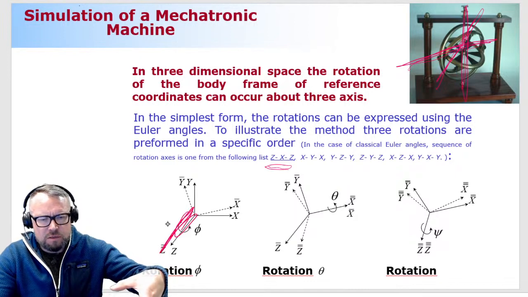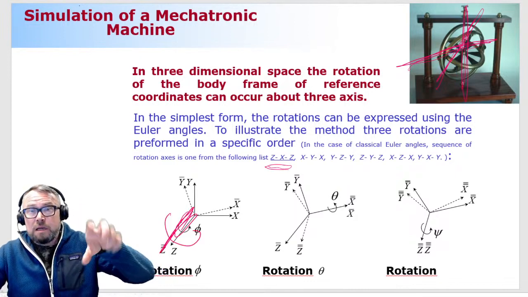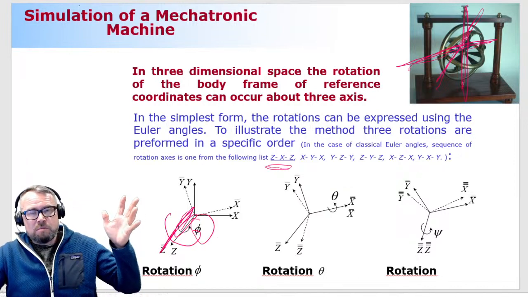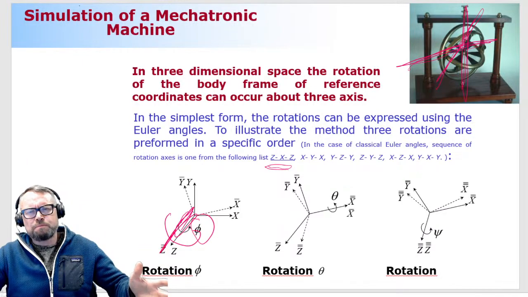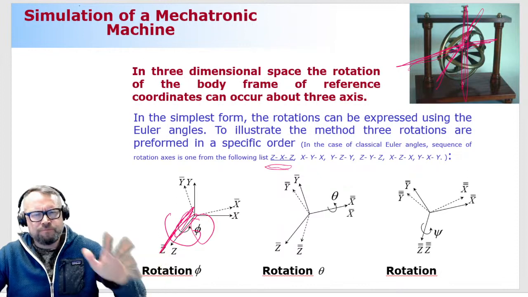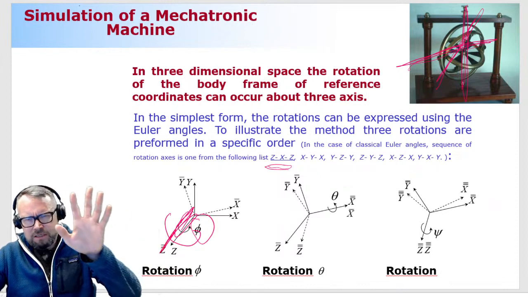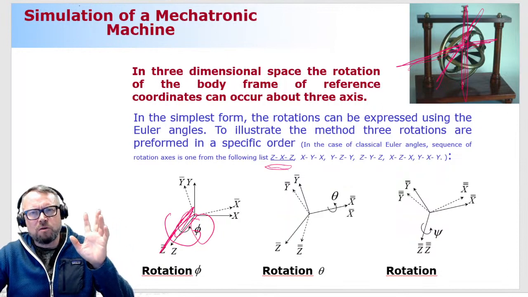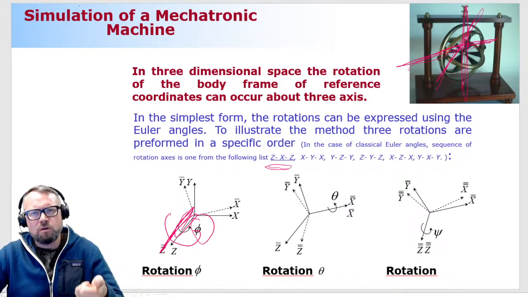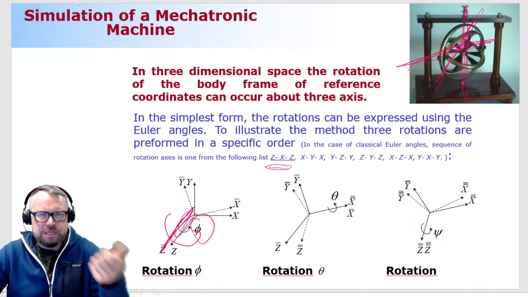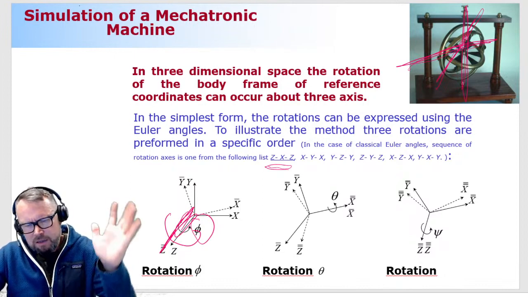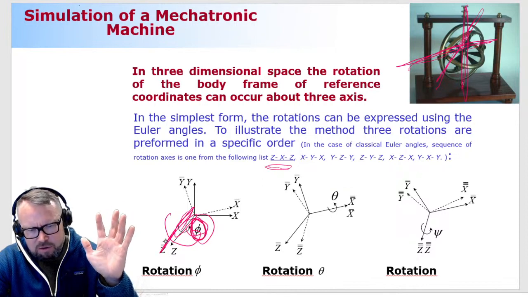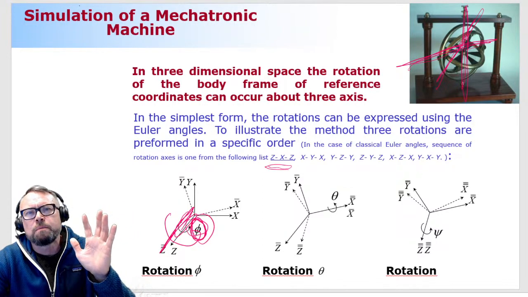The amount of rotation is this symbol, which I'm not sure how to pronounce, but I think it is psi or phi. Doesn't really matter. I think it is psi. So then you have a system where the coordinate system is rotated around the Z coordinate axis by an amount of psi or phi. But don't get confused about my pronunciation. You just take a look at that. This is how much it is rotated.